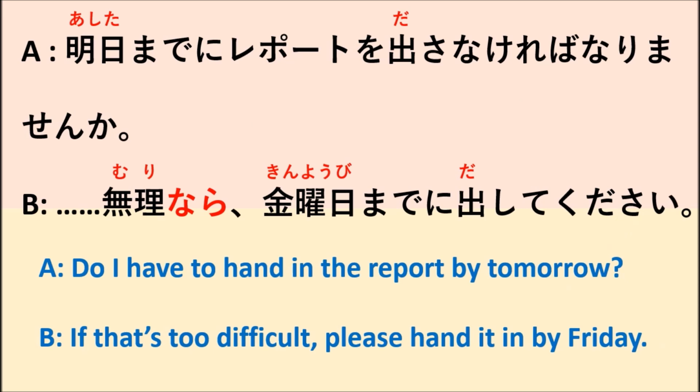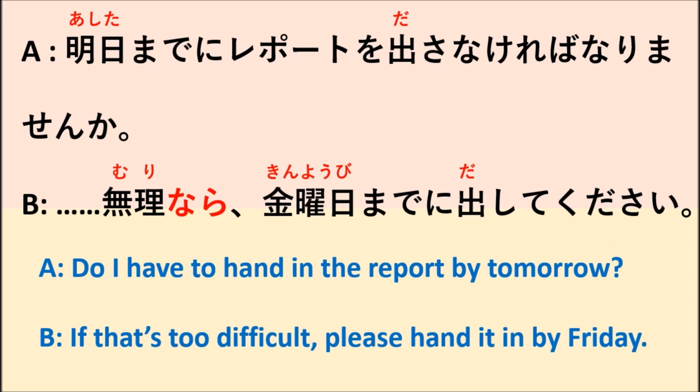Here you see muri nara. Muri is also a noun, so after the noun you can put nara. Muri means difficult. If you want to say "if difficult", you can say muri nara, which means if you put nara, it will start with if or when.